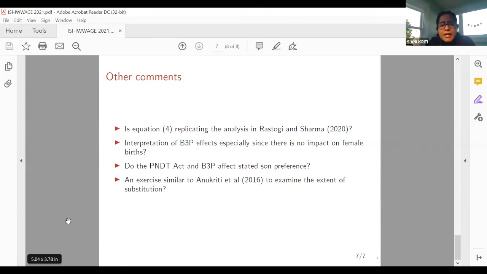I'm not sure if I missed it in the paper, how these programs affect son preference. At some point in the beginning, you mentioned that if son preference doesn't change, then we are basically making people simply substitute.